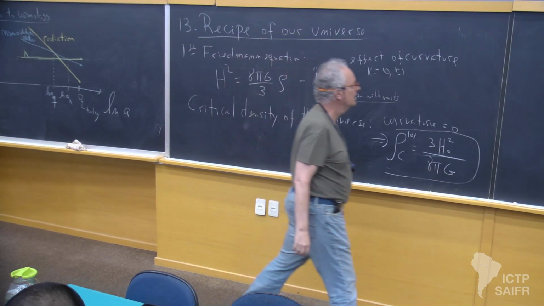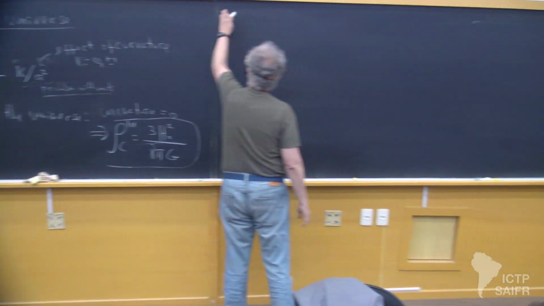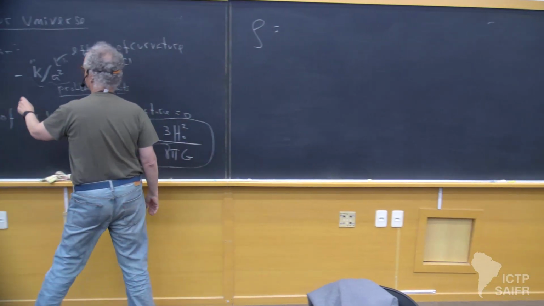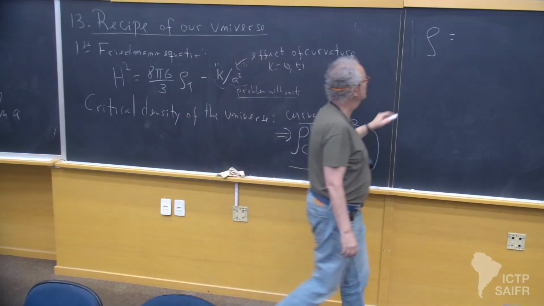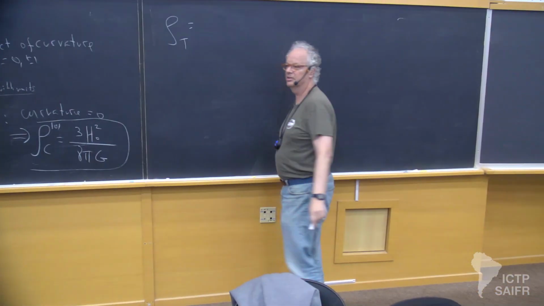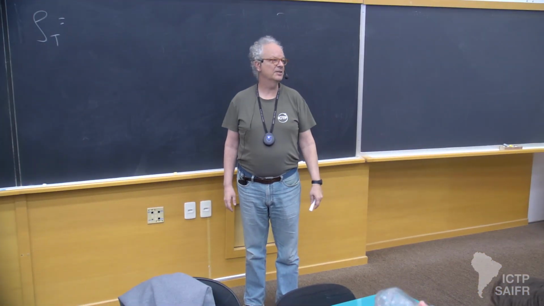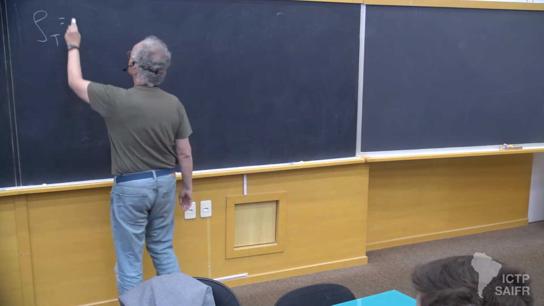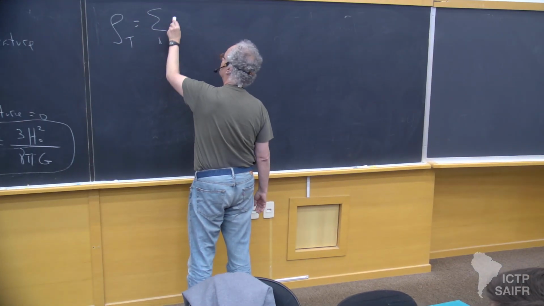Okay? So now we can do a decomposition of the energy. So this is the total energy density of the universe. And then the recipe is, okay, what is the universe made of? What is the composition of the universe? So this is a sum over different components of the universe.